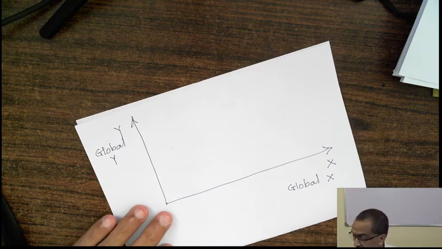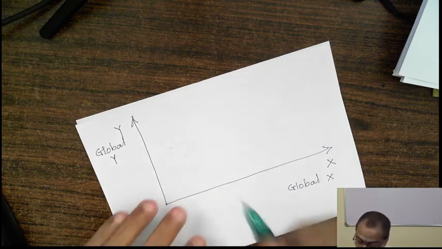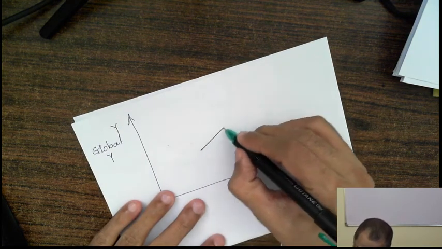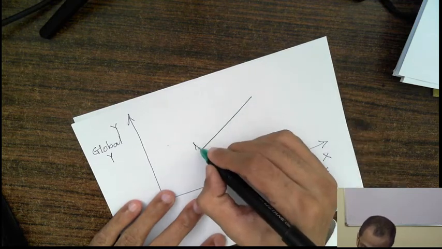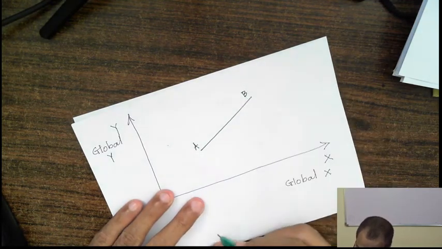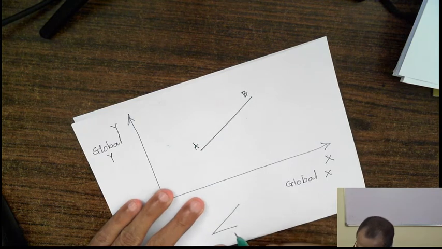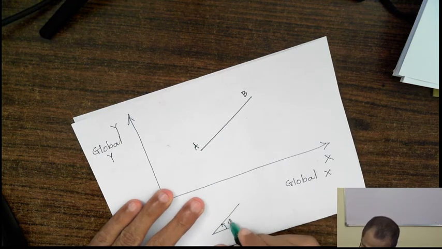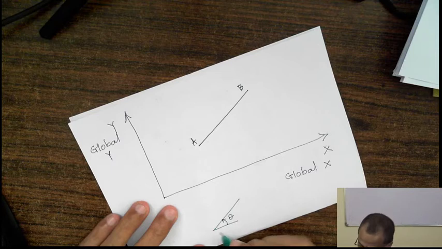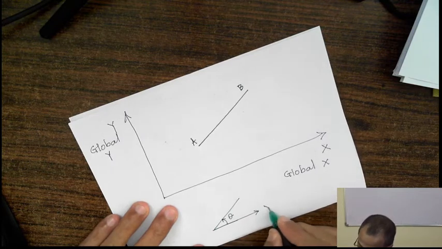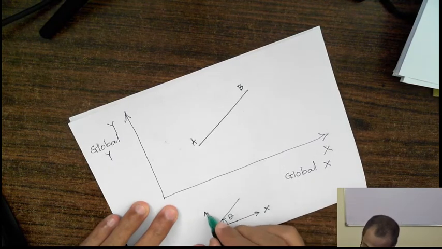And let us consider that there is any member AB which is inclined at an angle theta with respect to the global x-axis. This is the global x-axis, this is the global y-axis.